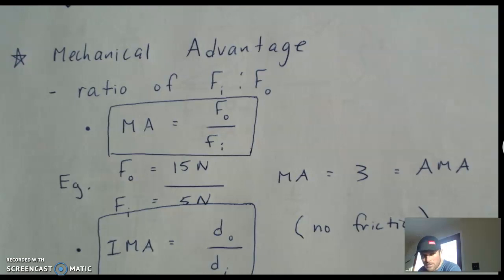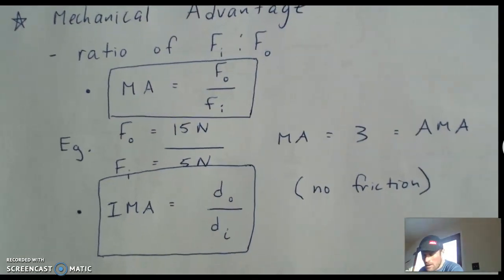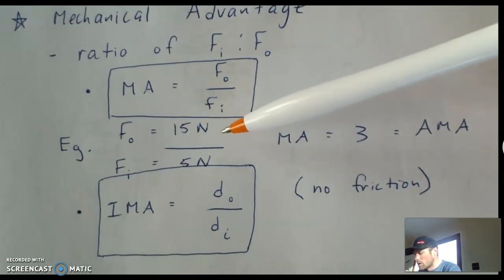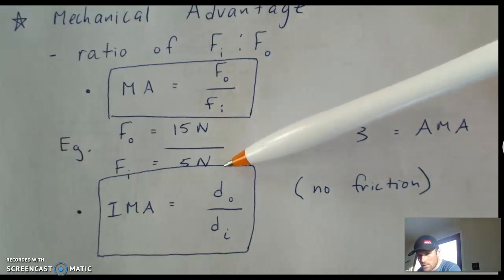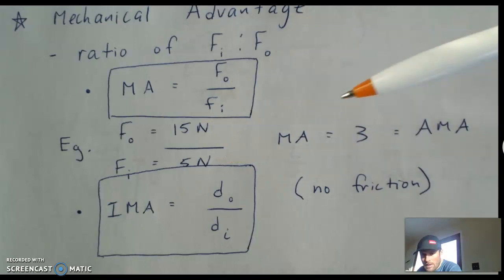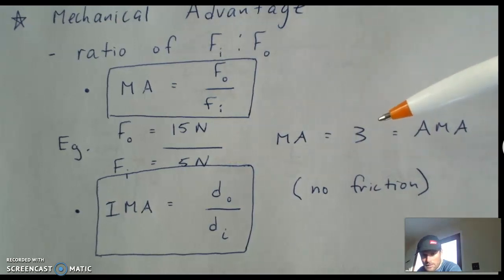So a simple example here to start with would be if my output force of some random machine was 15 newtons and my input force was 5 newtons, that mechanical advantage would be 3. And we call this the actual mechanical advantage.